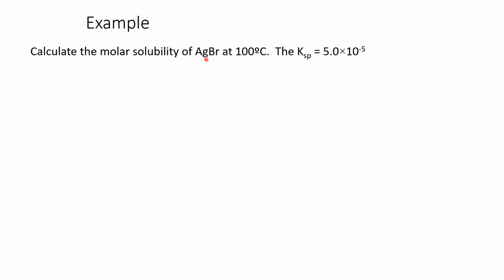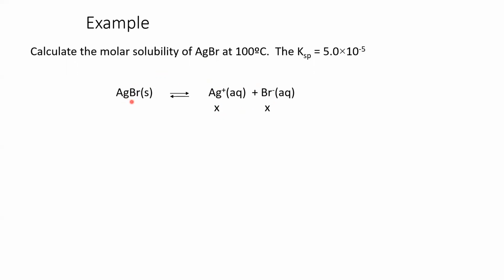The charge on silver is a +1 and the charge on bromide is a -1. Okay, so here's our silver bromide. It's breaking up into silver ions and bromide ions. And it's a 1-to-1 ratio. So X and X, 1-to-1. Also means this is X amount dissolved.